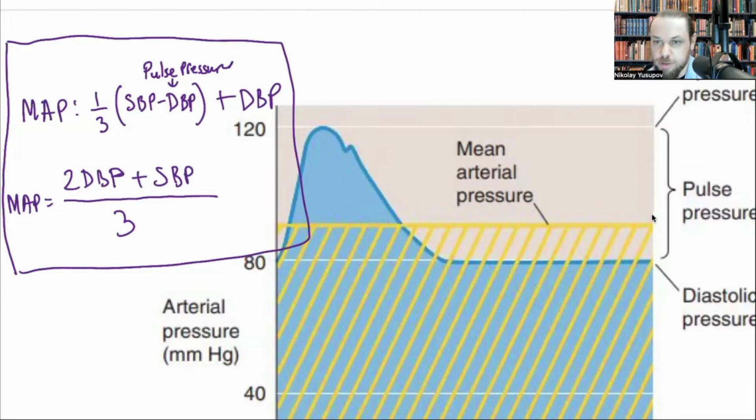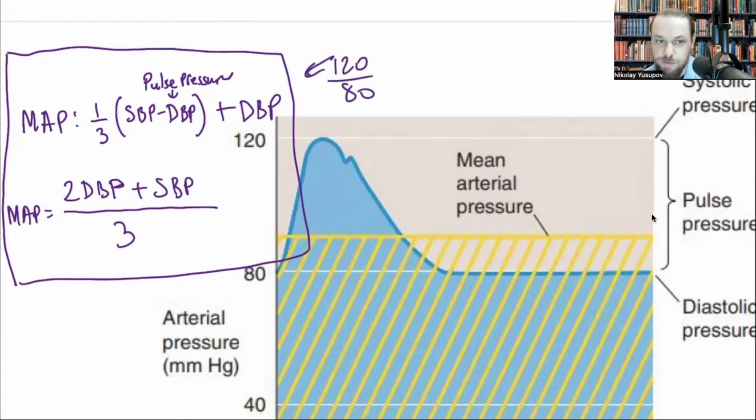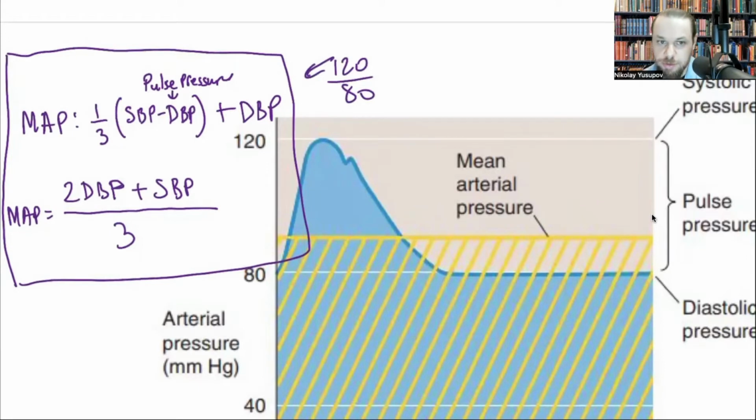So my advice is to know both of them, because if you don't, you'll start plugging in numbers like 120/80 into each formula, trying to see if you get the correct MAP, which you don't want to do. So make flashcards, remember both of these.